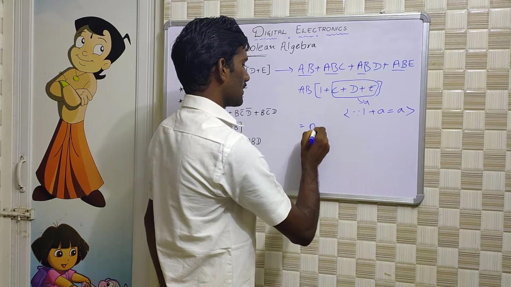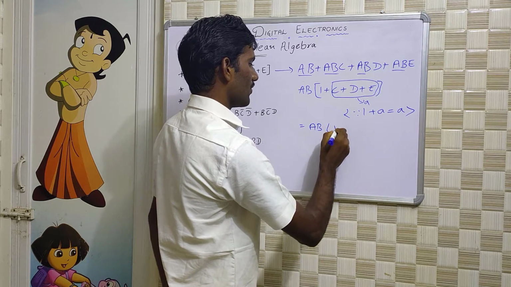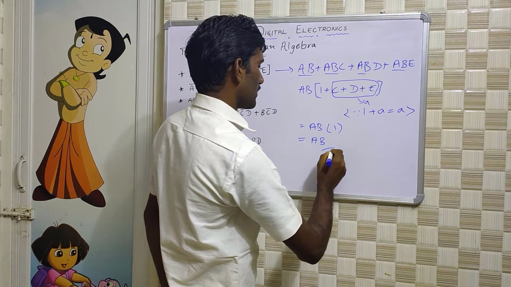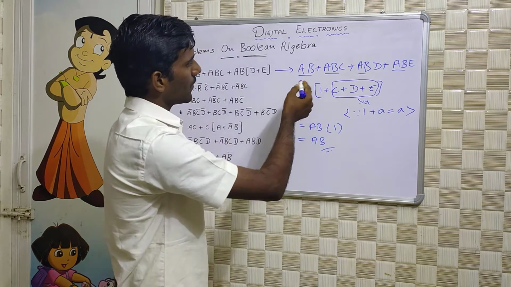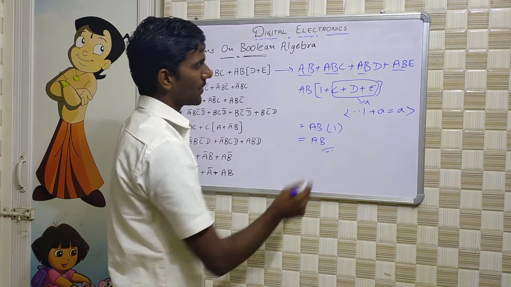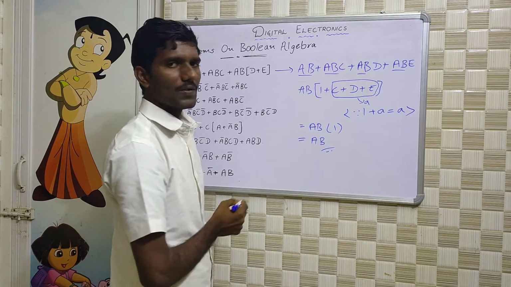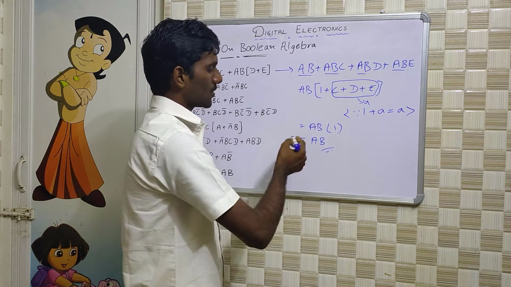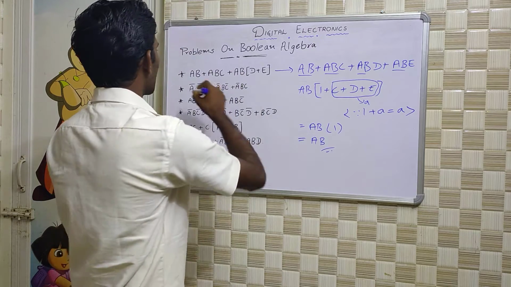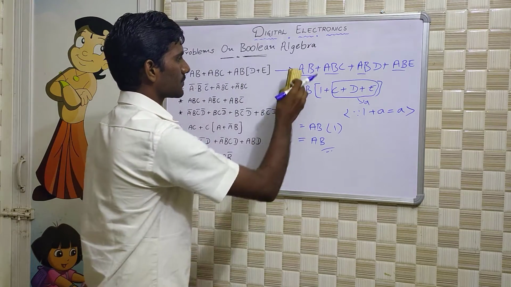So that will be AB into 1, which is equal to AB. So the answer for the first one is AB.